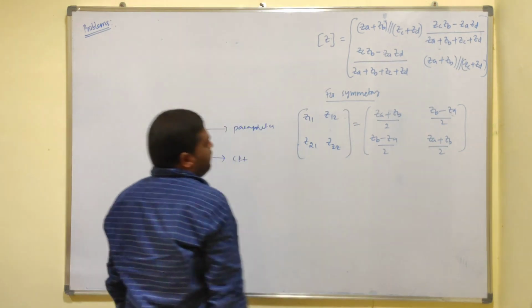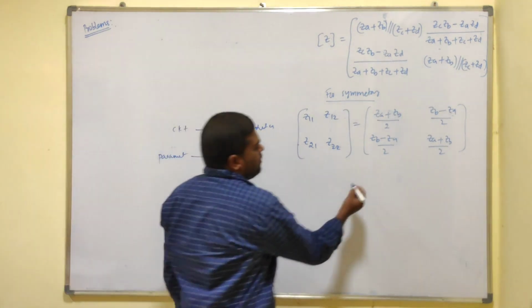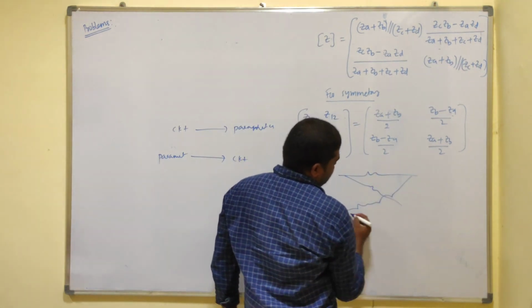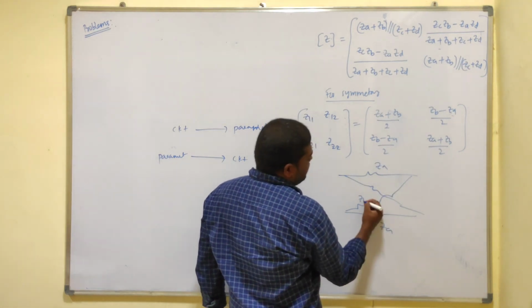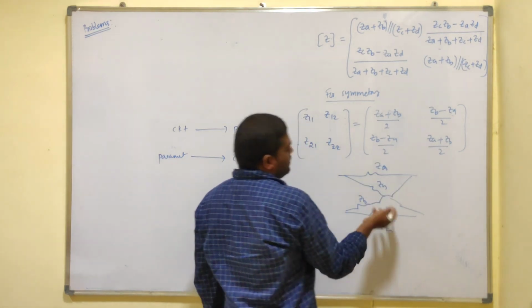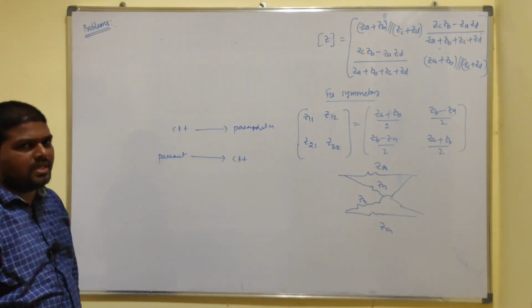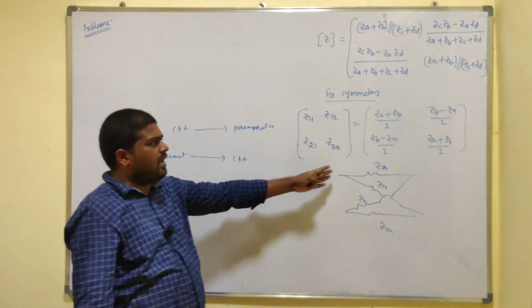This is the z parameters for a symmetrical lattice structure. The symmetrical lattice structure is like this: Za here and here also Za, and Zb and Zb. If Za equals Zd and Zb equals Zc, then it becomes a symmetrical lattice structure. For that, the z parameters are like this.